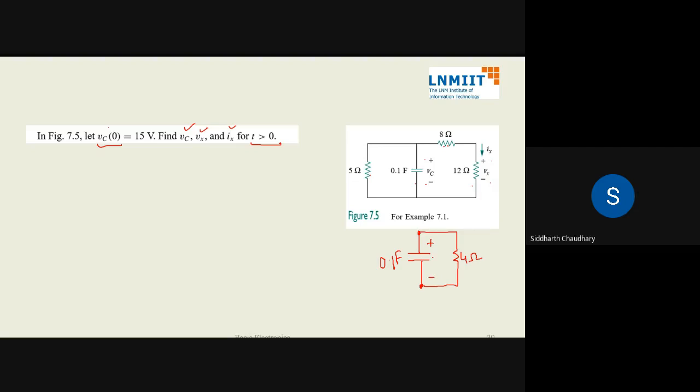Okay. So what is V naught? 15. What is tau? 0.1 into 4, 0.4.